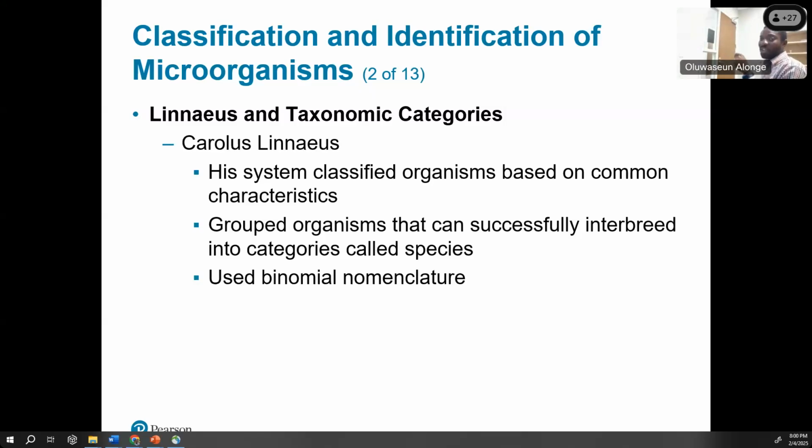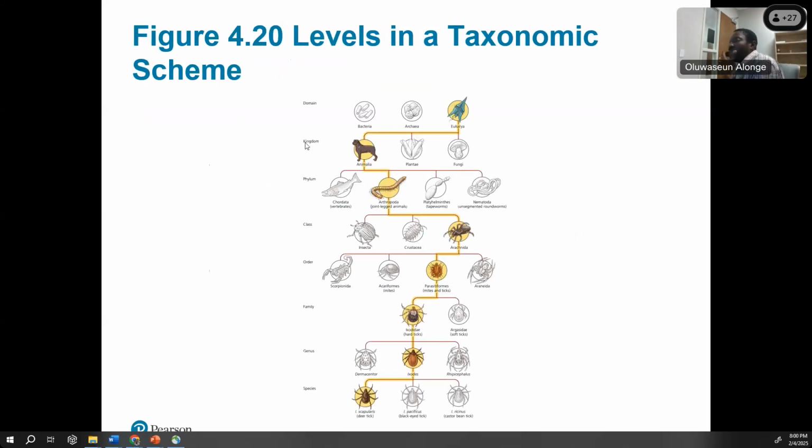So horse and donkey mating and producing a mule that cannot reproduce proves that, even though they can reproduce together, the fact that their offspring cannot reproduce shows that they don't belong to the same species. So they use two names in naming. We call it binomial nomenclature. Nomenclature simply means name. Binomial means two names. All right? So look at these now.